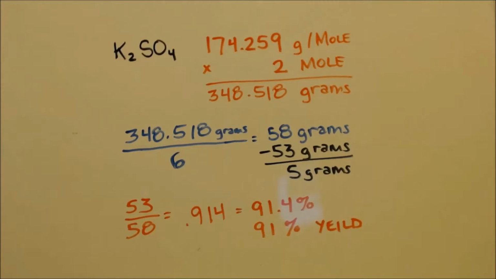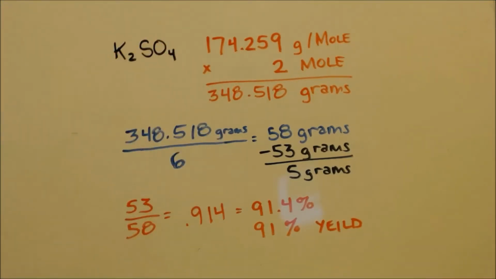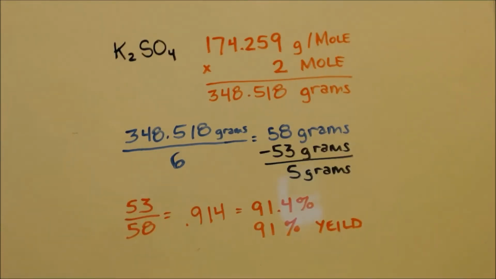I just want to do them all at the same time. I was actually going to do it with this, but I lost track of time and the water all evaporated before I knew it. So I got a 91% yield on the potassium sulfate. And this coincides with what I was saying, because my equations at the beginning of the video were just a guess. But it does seem like it is right.